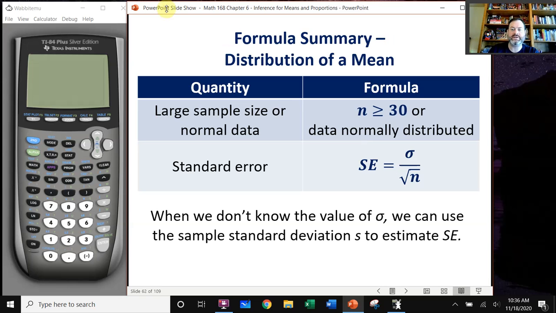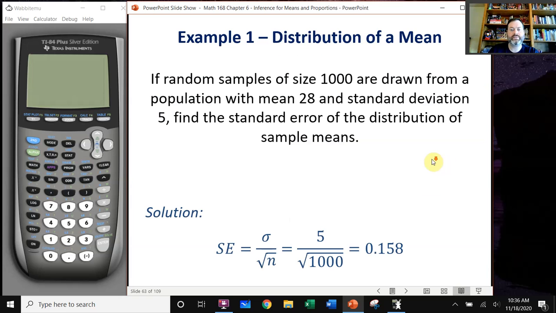Here, for example 1, we're taking samples of size 1,000. That's clearly bigger than 30, so we've achieved this condition, and now we can use this formula. The standard error is just sigma over square root n. So you just plug everything in and you get the answer.